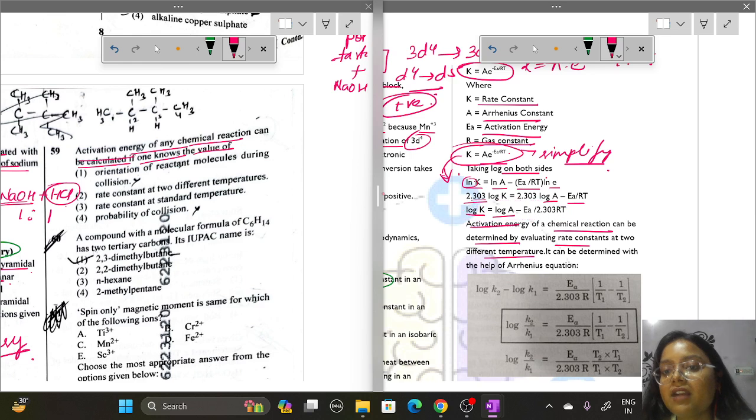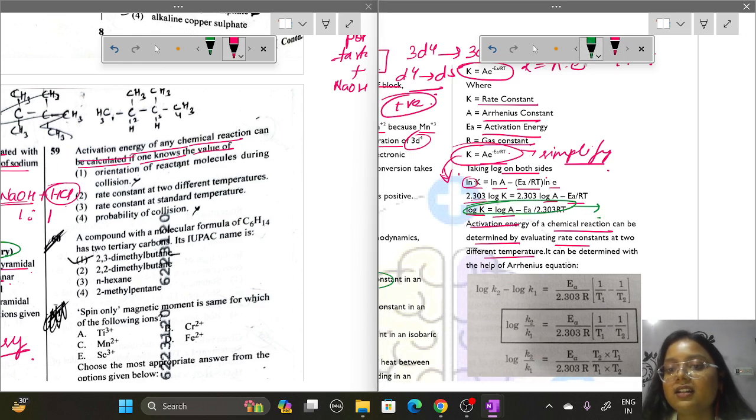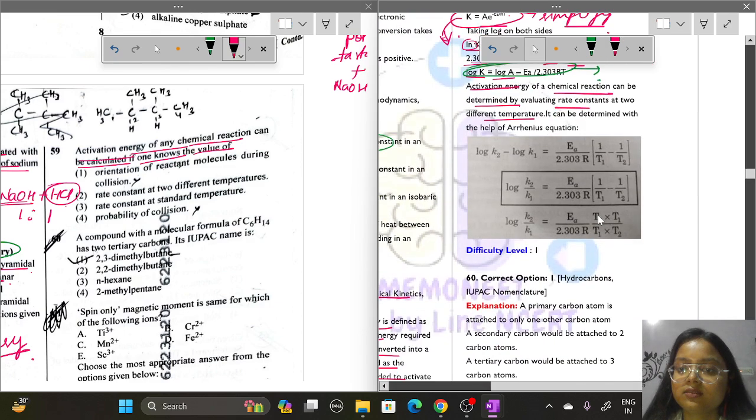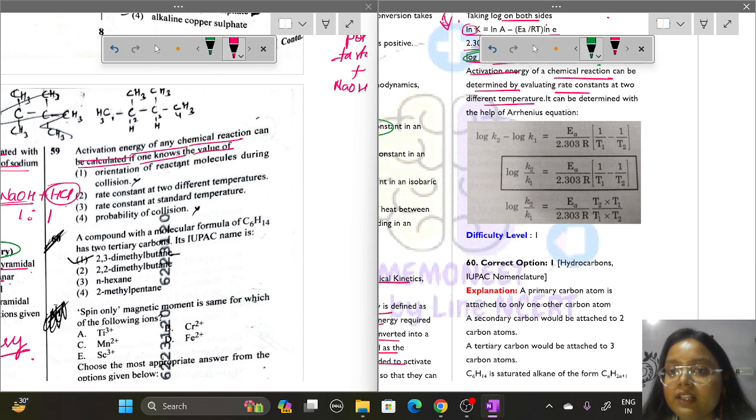Now, the activation energy of a chemical reaction can be determined by evaluating the rate constant at two temperatures. When we summarize this equation, we get log k2 minus log k1 equals Ea/(2.303 R) times (1/T1 minus 1/T2). So log k2/k1 comes out to be Ea/(2.303 R) times (T2 minus T1)/(T1 T2).